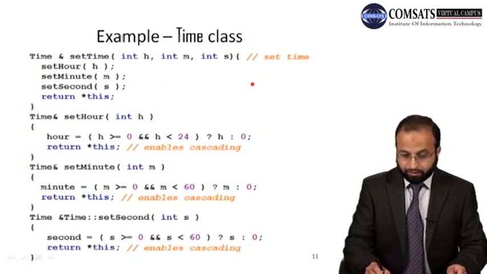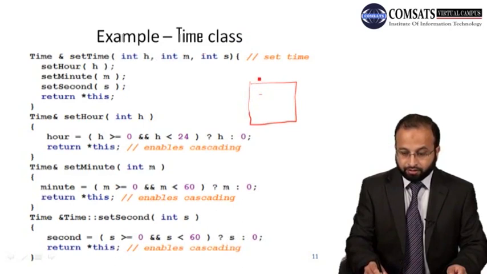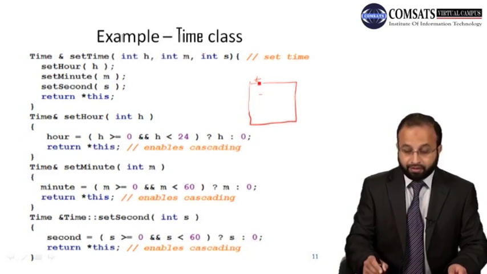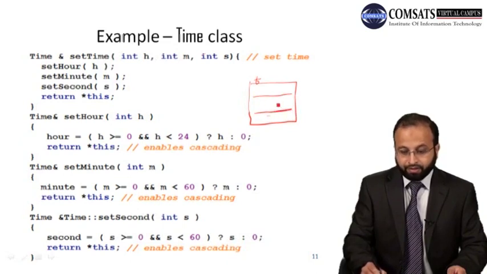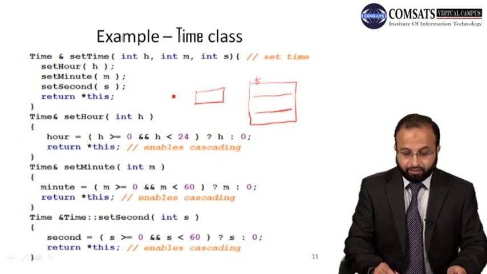Let's say this is the memory that is allocated for the object T. I'm sorry for the writing. In this memory we have basically 3 parts. The first part is for, let's say, hours, then minutes, and then seconds, right? Now whenever this object is created, another 4 bytes of memory is allocated, and this is basically for the this pointer.